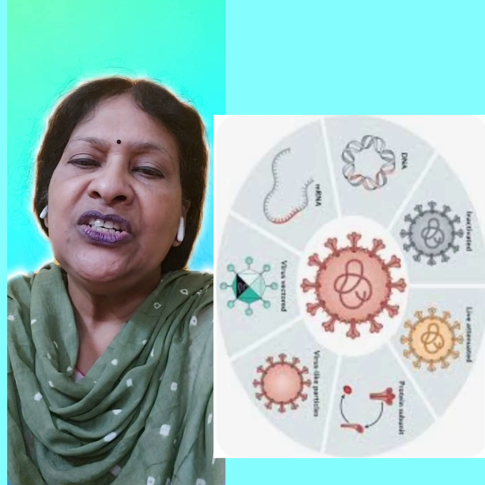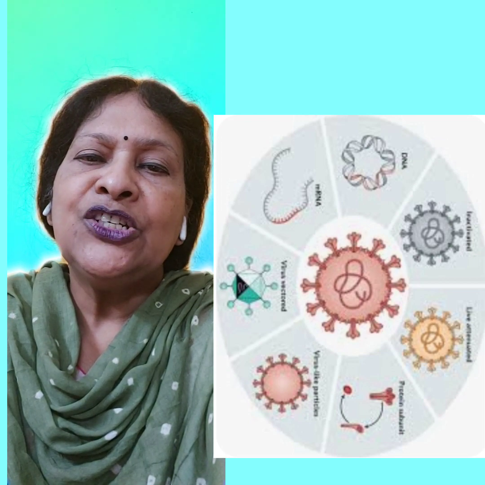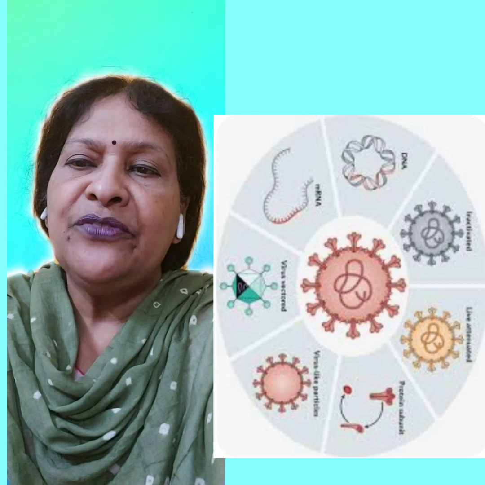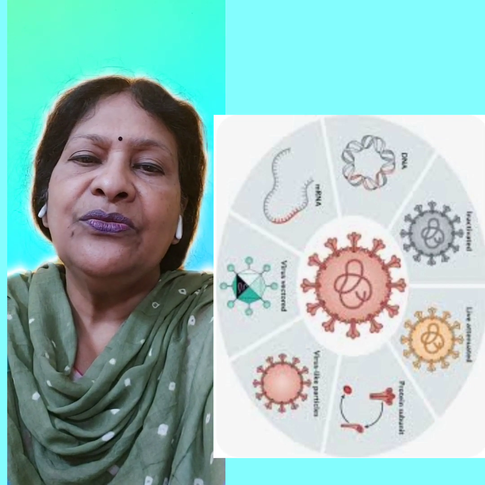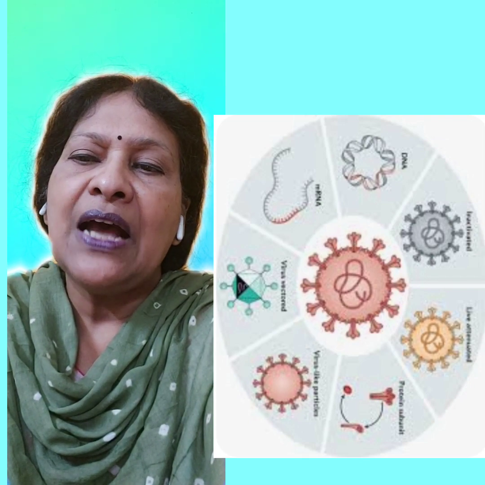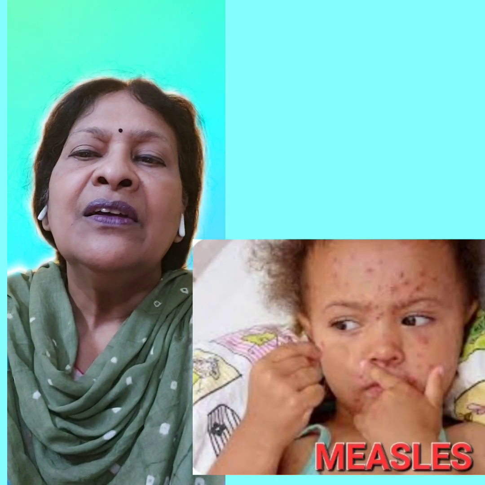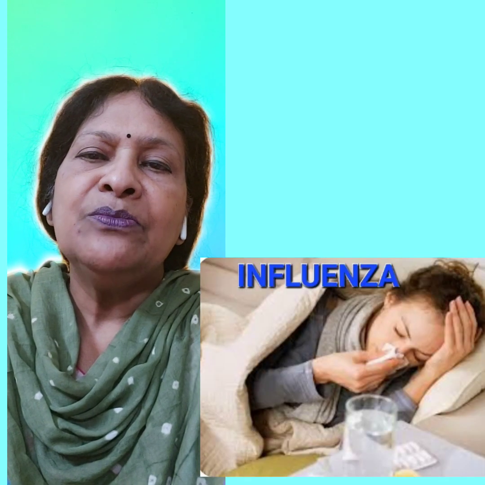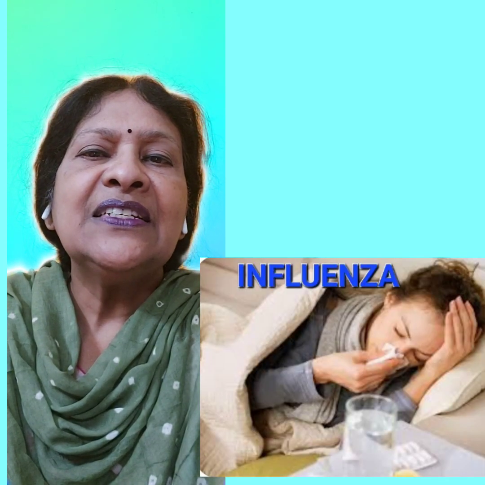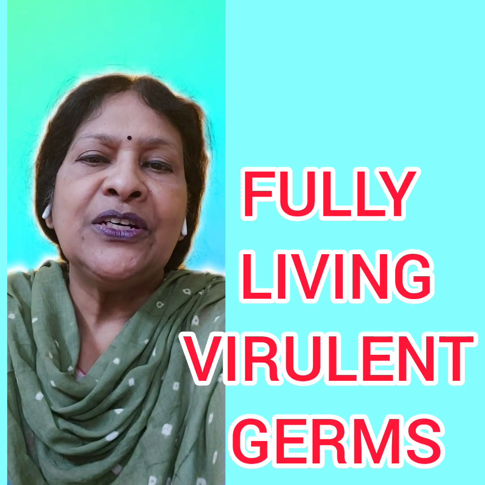Now, the BCG, the Bacillus of Calmette-Guerin, which is a vaccine against tuberculosis, is made from living weakened germs. The other diseases where we use the living weakened germs are measles and influenza, where we use the attenuated or weakened germs.